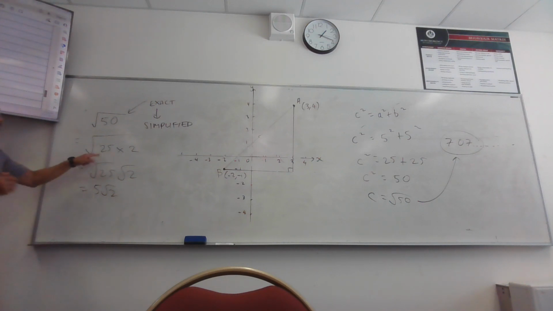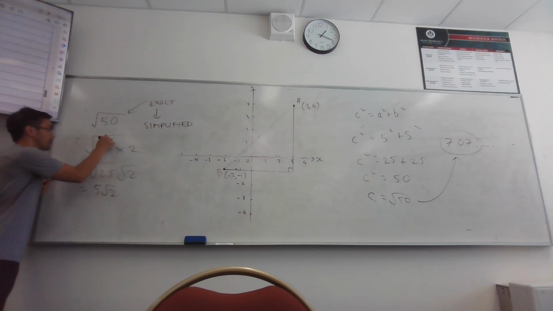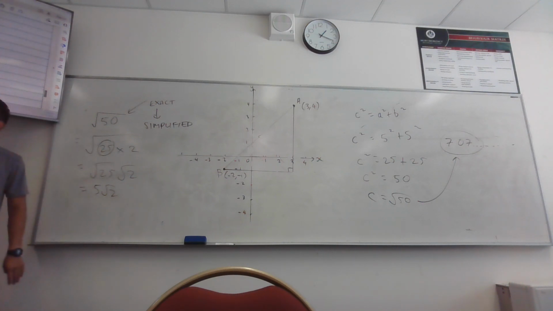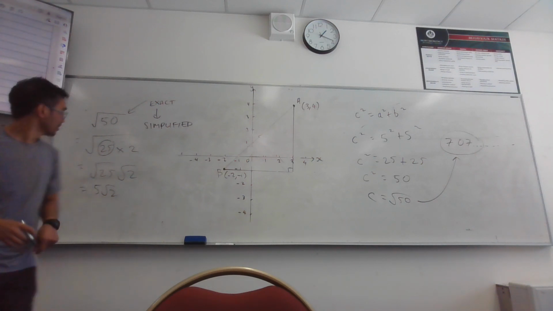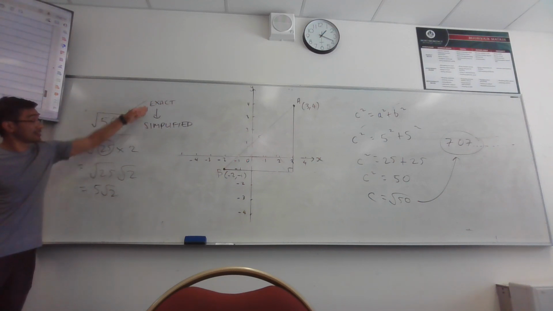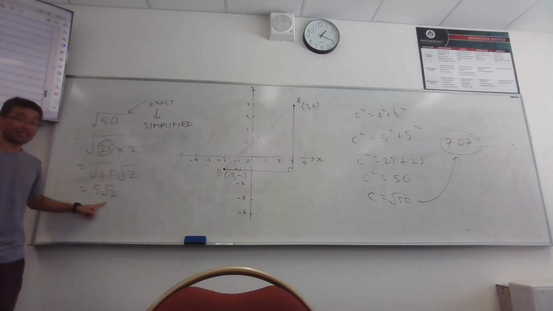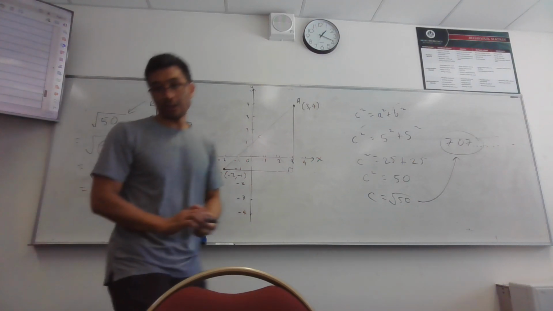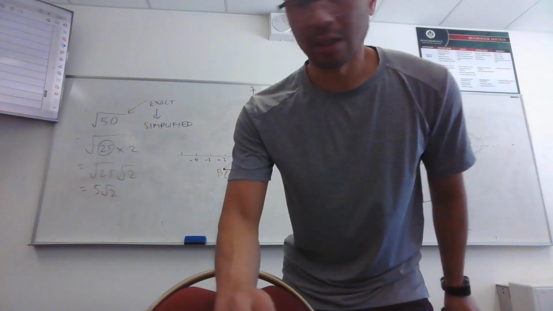Square root means get a square number, the biggest square number that you can find. And look at that, it reduces to a nice whole number at the end. It's exact and it's the most simplified. You can't get any smaller. Any questions?